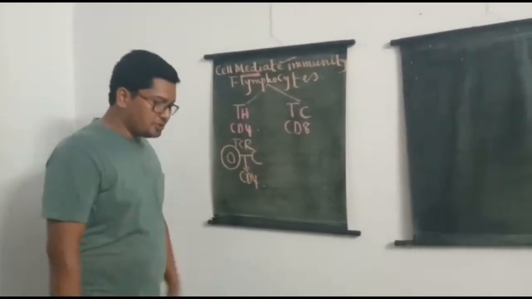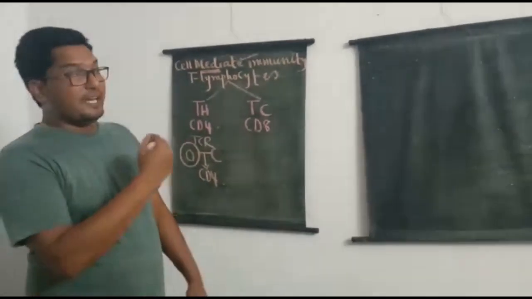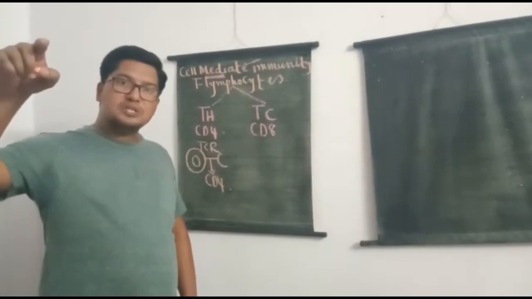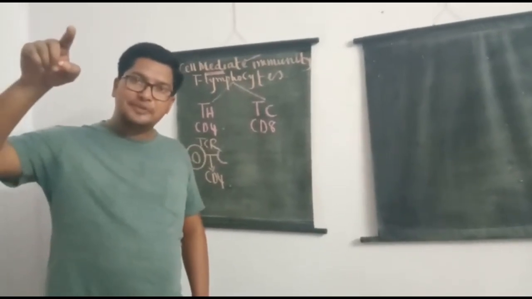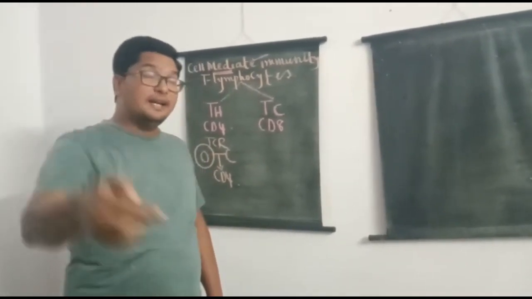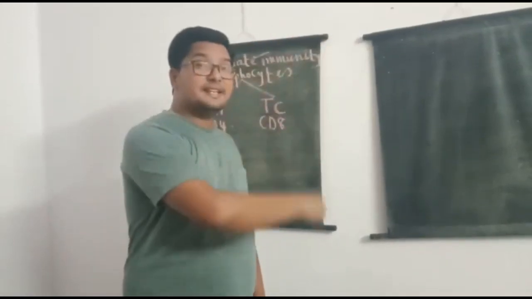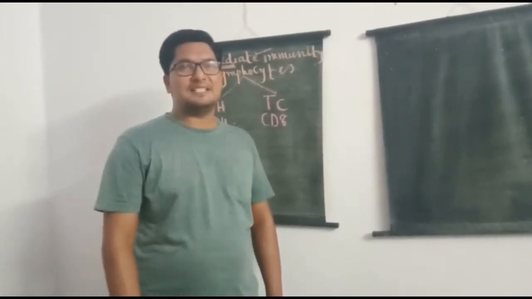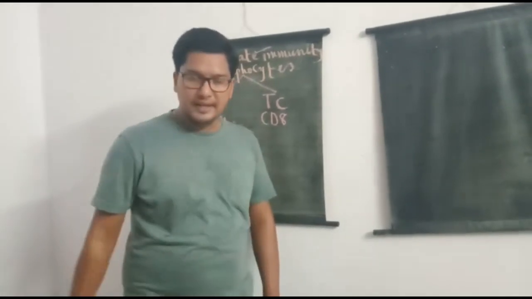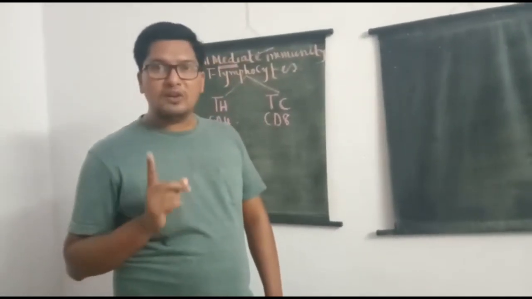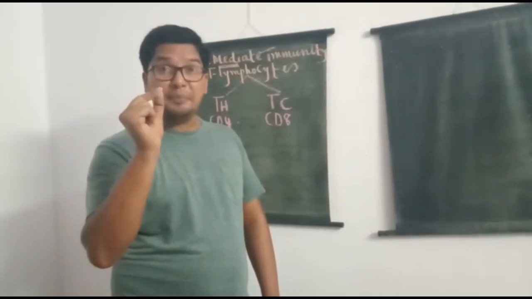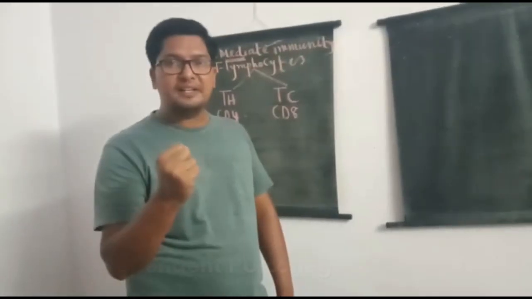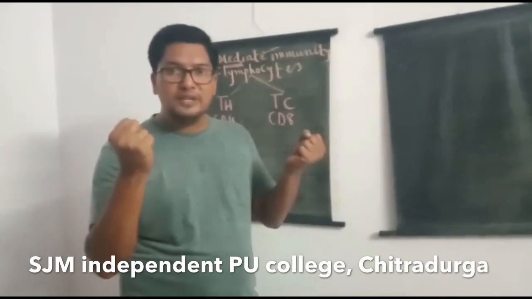And here students should remember, in the mechanism of B lymphocyte action, what did I say? B lymphocyte, with the help of its receptor called BCR, can directly recognize an antigen, but T lymphocytes do not have that capacity. Always remember, T lymphocytes cannot recognize an independent antigen. If they are unable to recognize an independent antigen, then what do they recognize?